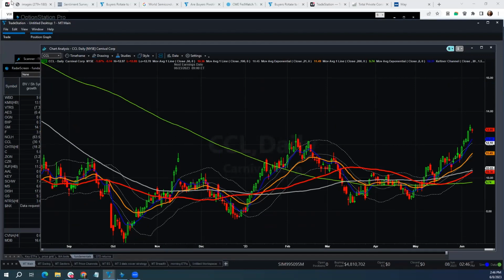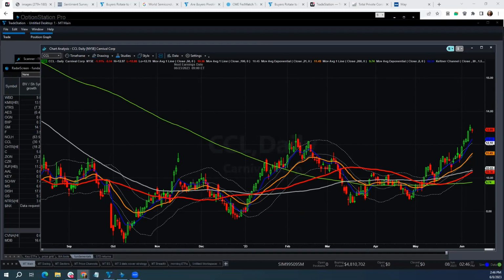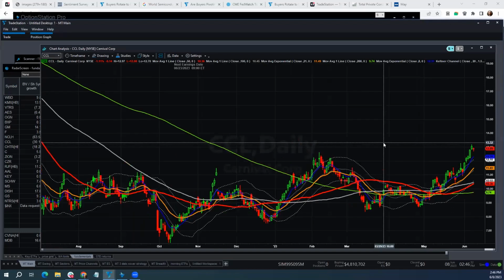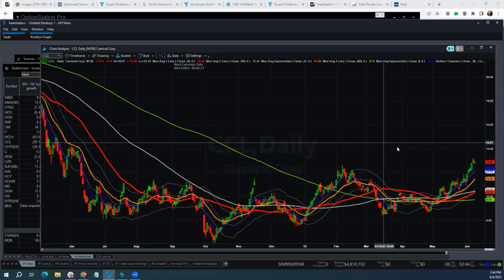So one thing I'm thinking, it's a little bit overbought here, but something people might consider doing is watching it next week and waiting for the confirmation of that earnings report. And then something like a call spread, targeting something like the 13, 15 strikes, is potentially interesting.